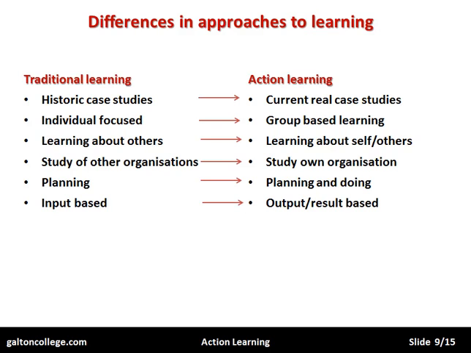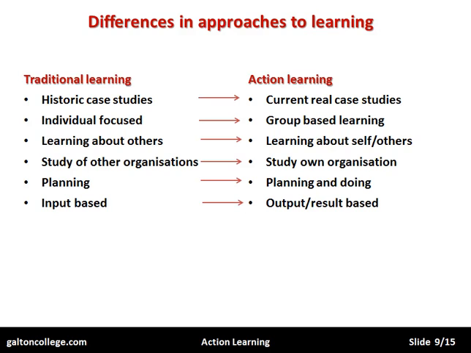With action learning, it's an output. We're actually doing it. It's an output in the sense we're trying to fix the problem. And we only know it's fixed when it works, when the problem has been resolved. So it's a result-based activity. With traditional learning, it's showing that you understand the abstract ideas and the ideas that are contained in the literature, and perhaps passing an examination.